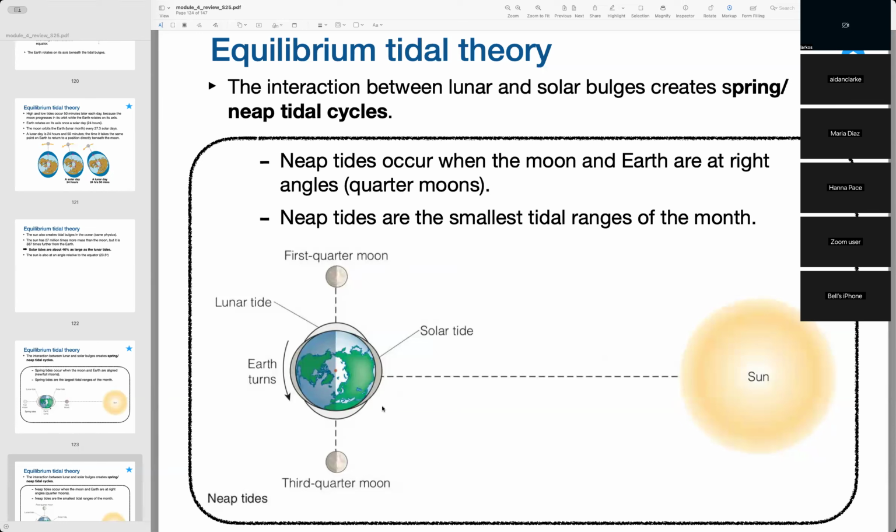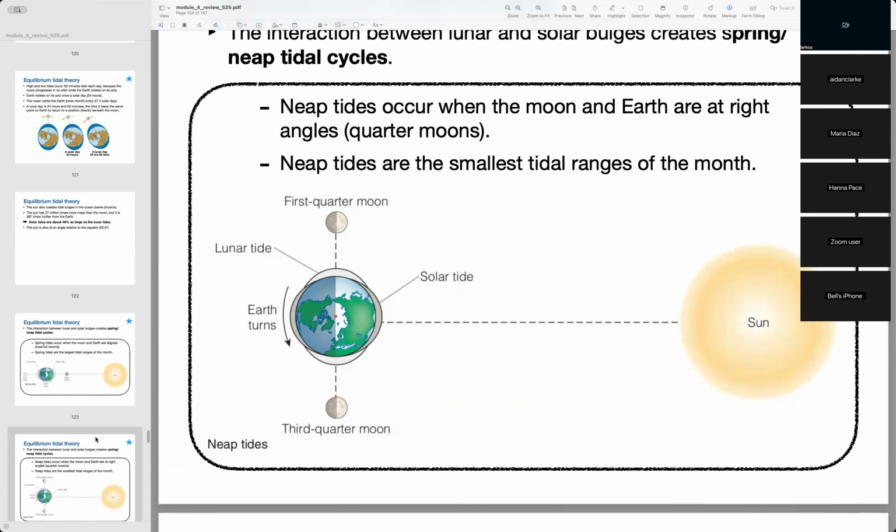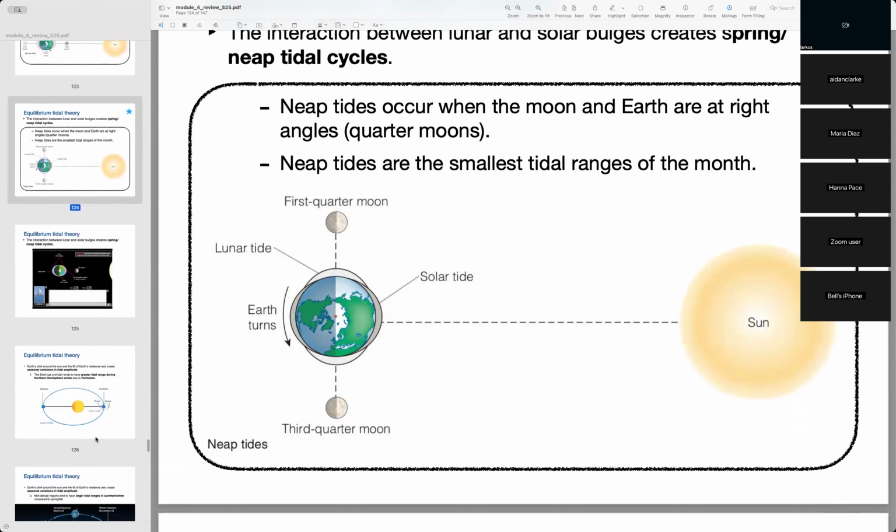So they are subtracted from each other, and we have much smaller tidal ranges, and these are associated with times in the month when we have either first quarter or third quarter moon.